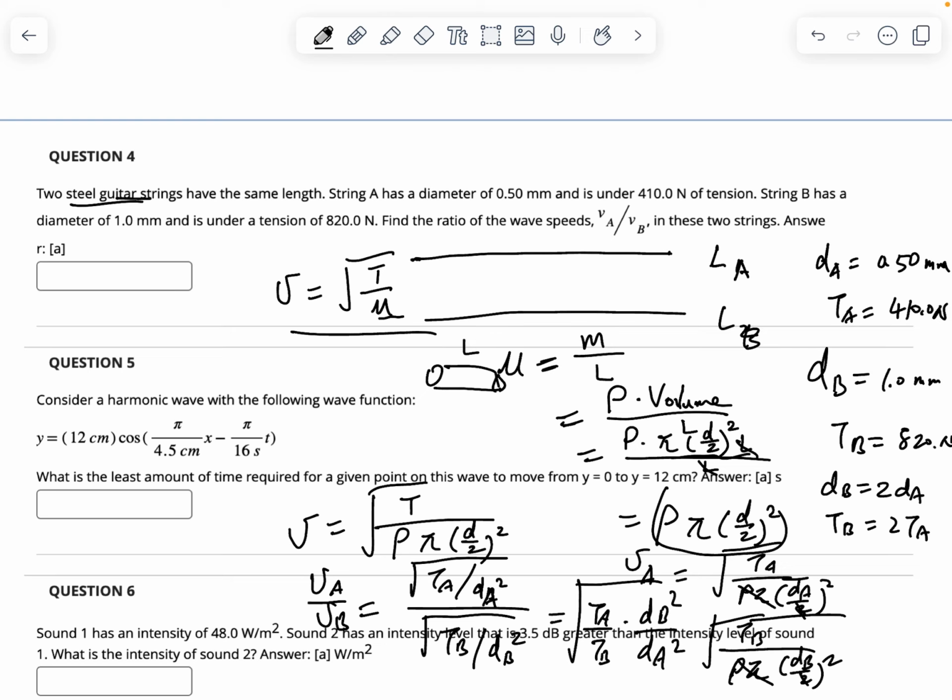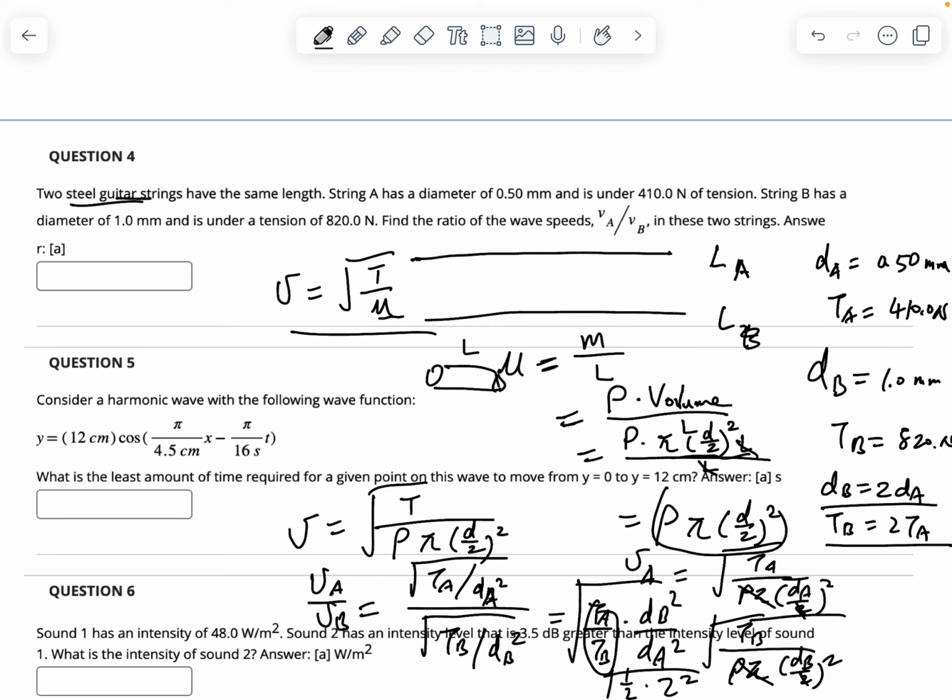So TA over TB, from here, is 1/2, square root. dB over dA equal to 2, so dB squared over dA squared is 2 to the power of 2.